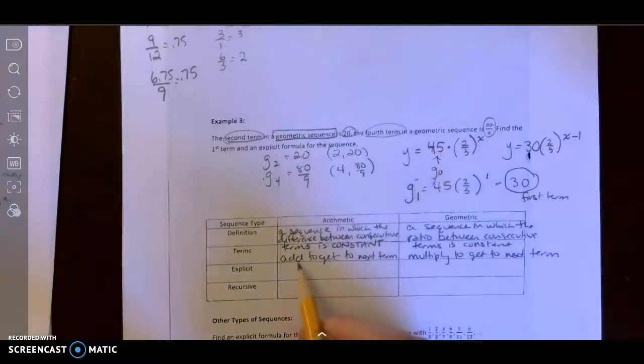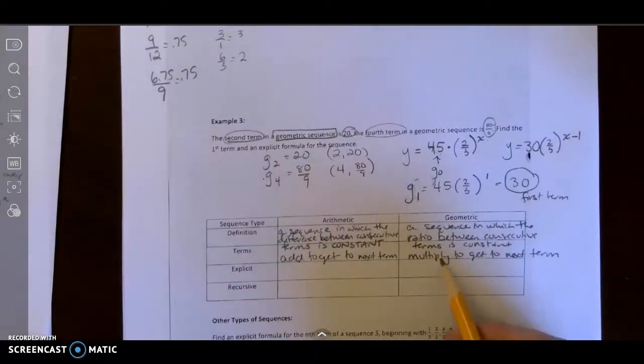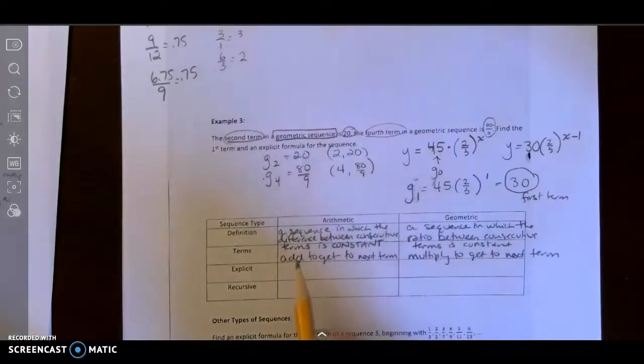Now, remember, adding a negative is when it gets smaller. Multiplying by a decimal makes it get smaller. We don't say multiply or divide, we just say multiply. And we don't say add or subtract, we just say add. And maybe you add a negative.